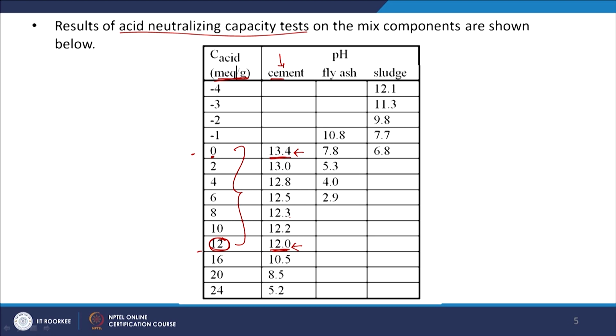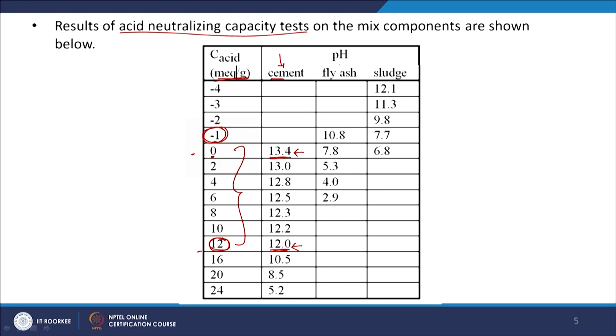Similarly, you have these particular values here, to go from pH 10 to pH 2.9 and so on, the amount of acid that you need to add. As you can see, here you need to add a base, you have a negative value for this fly ash.